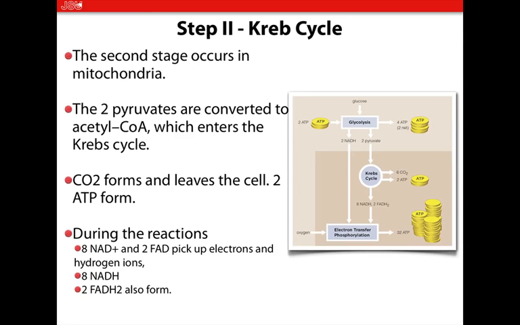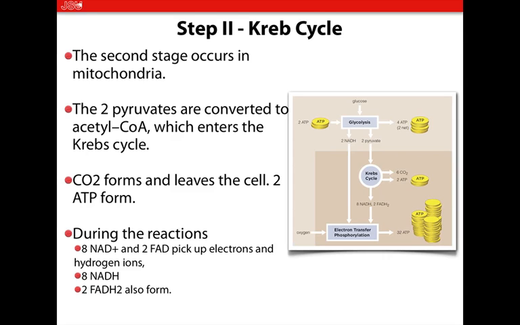But once we've done that, we are now in the Krebs cycle, and we can take that acetyl CoA, enter into the Krebs cycle, and produce a few ATP and several hydrogen proton carriers called NADH and FADH2, which will then be converted to ATP.